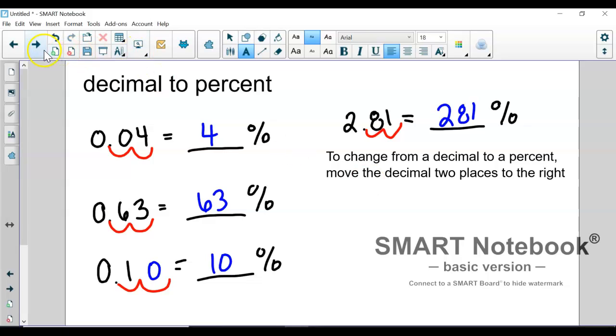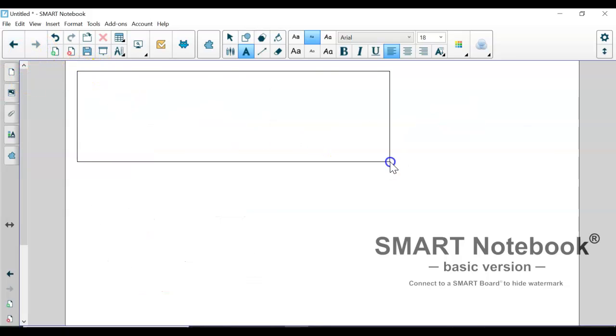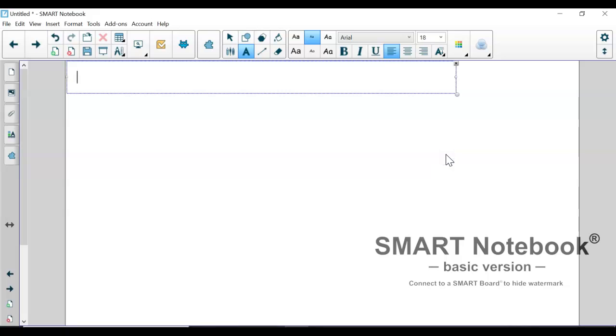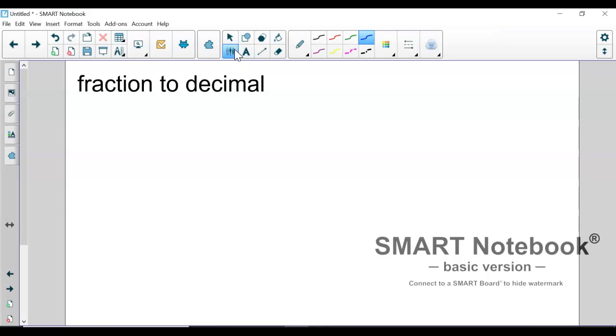Now, we do need to be able to go from a fraction to a decimal. And so we'll be using the calculator for all of these. So whenever we have an example like this, 28 over 62, to change that to a decimal, we've just got to divide.